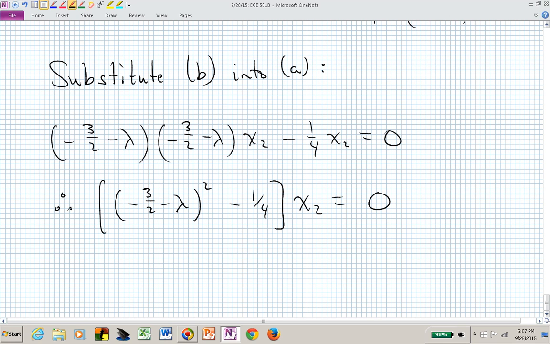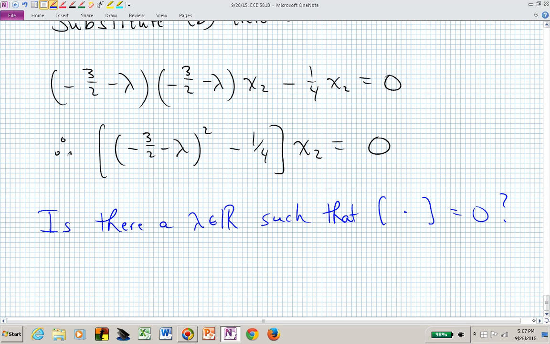And what we're asking now is, is there a real number lambda belonging to the reals such that the expression in this bracket is in fact equal to 0?